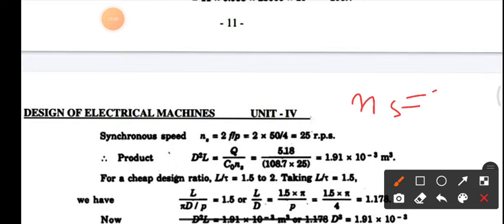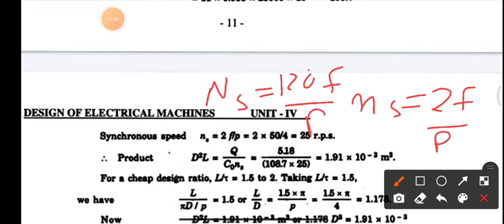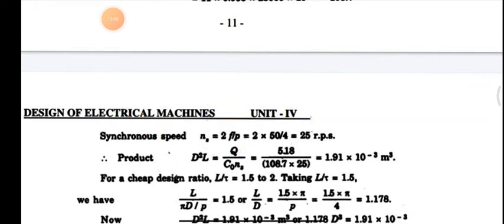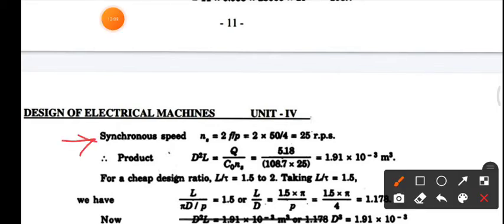NS is equal to 2F by P, right? You can use this directly, or you can find NS by 120F by P and then dividing by 60, so you will have NS in RPS, right? You can use any of these equations. So this is our step number 2 to find the synchronous speed in RPS.